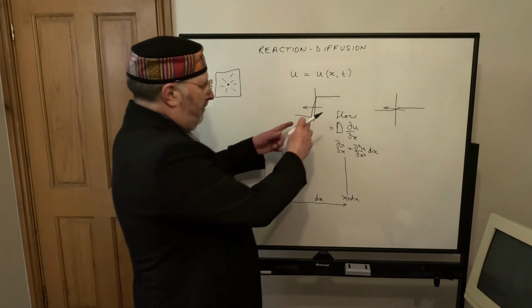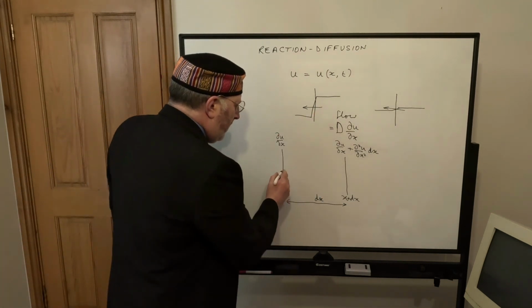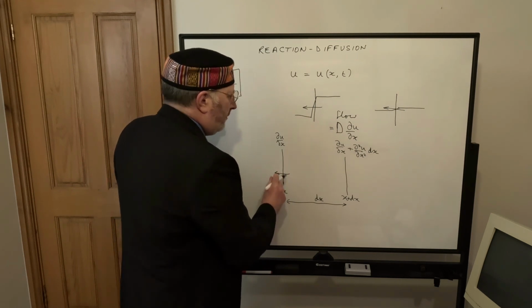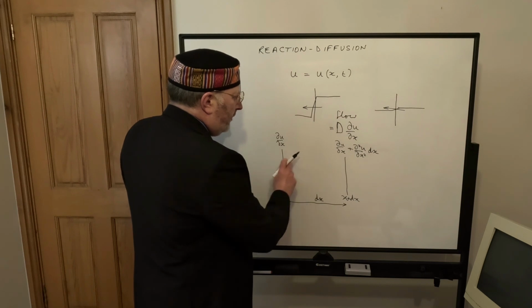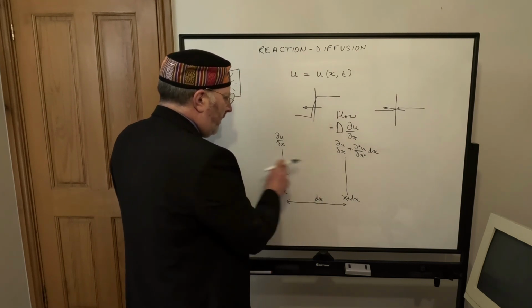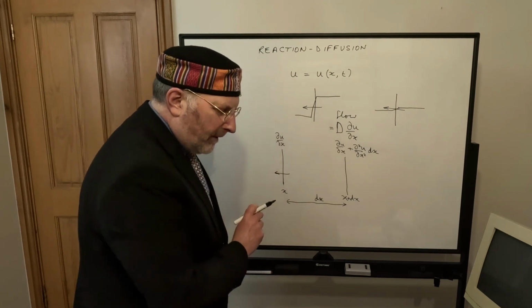And then, based on what we said here, the flow is in the opposite direction if u is increasing in the positive x direction.